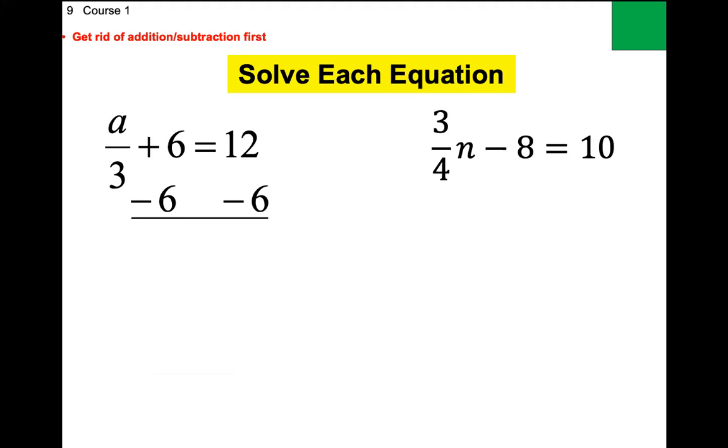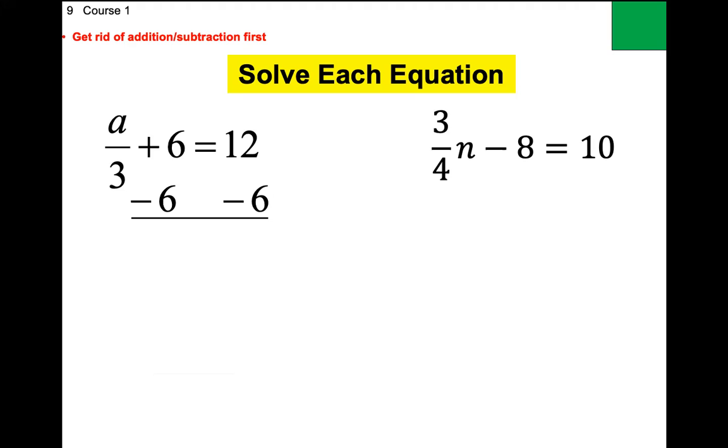Now tell me what to write. After you do this math, what should I write? 0 and 6. So you literally want me to write this.